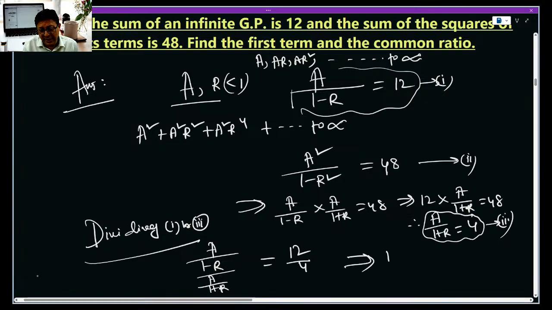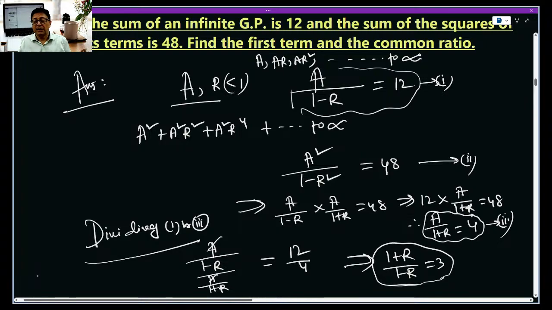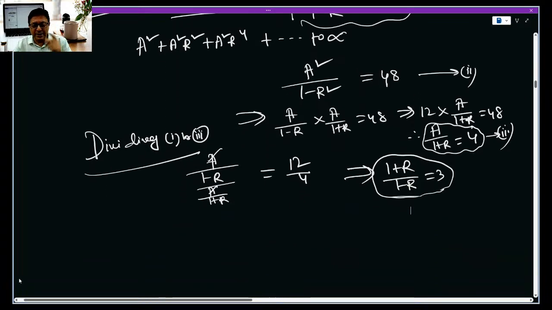So this implies you take this one up, and this A and this A will be cancelled. It will be 1 plus R by 1 minus R equal to 3. Clear?